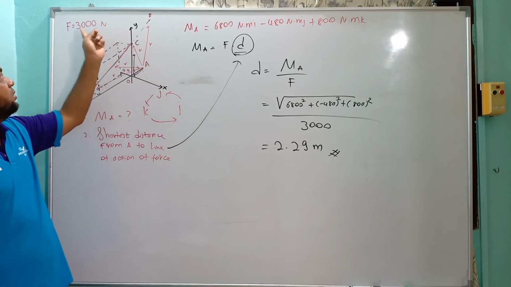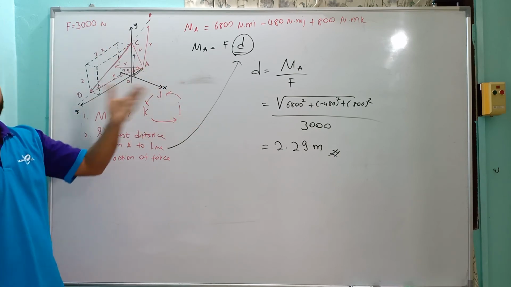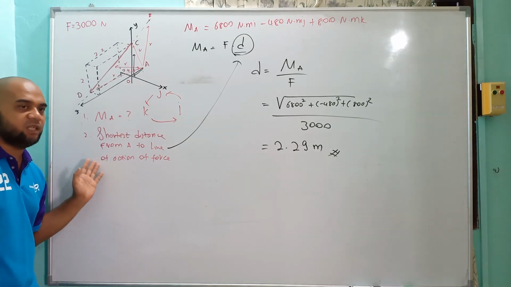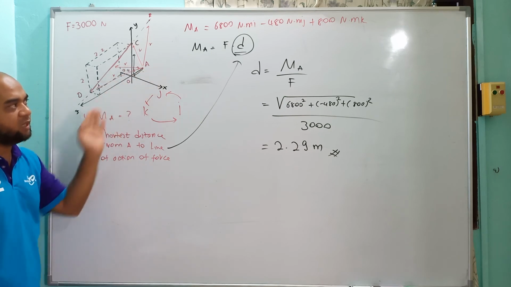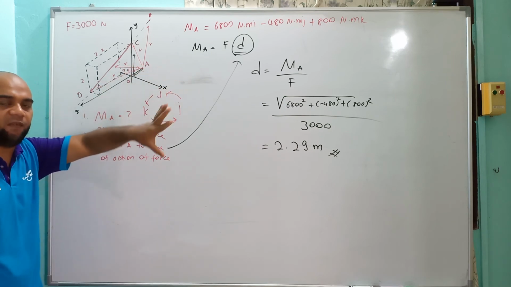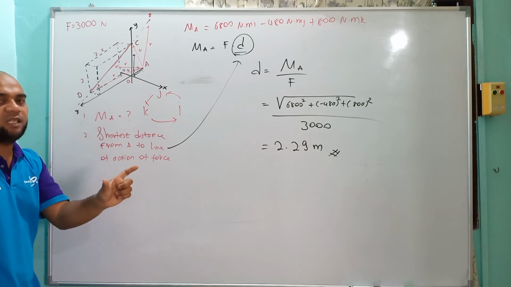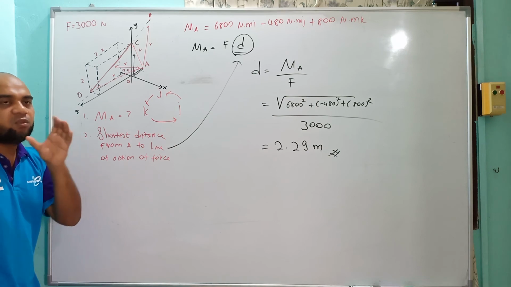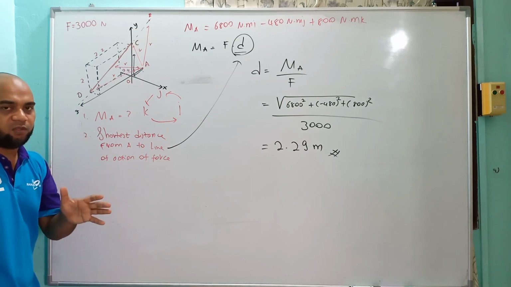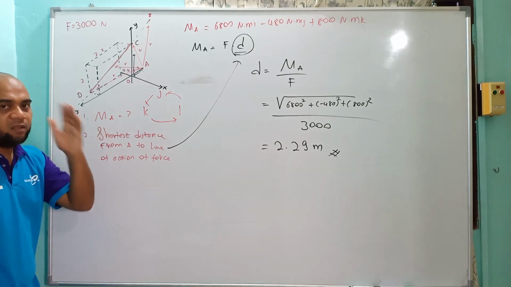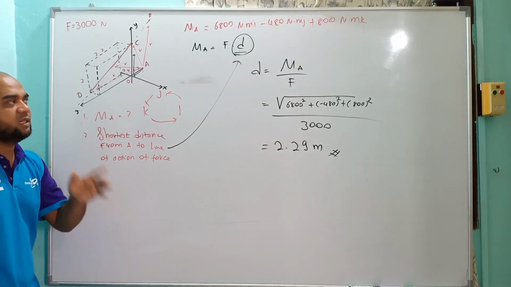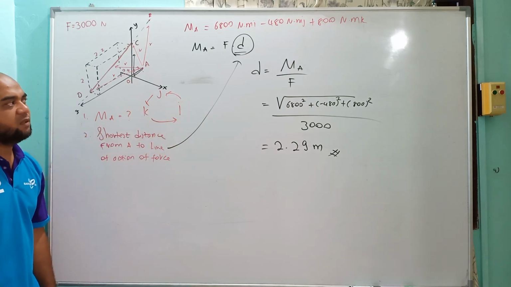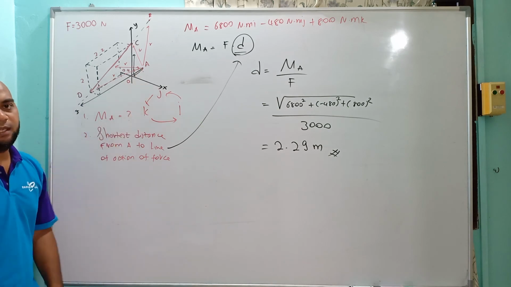And we also have the magnitude of the force, and then divided by that, we have the D. So both in 2 dimension and 3 dimension, if the question asks us to find the shortest distance, we will refer to the same equation, which is moment equal to F times D. So the D, by definition, is the shortest distance from the point where we take the moment to line of action of force. Okay, which is 90 degrees somewhere, which is the shortest distance. That is by definition the D. So using that definition, you calculate now the value of shortest distance using MA and F.